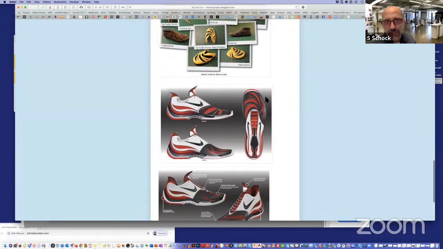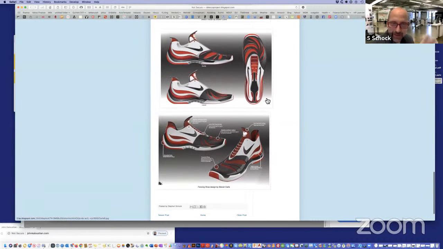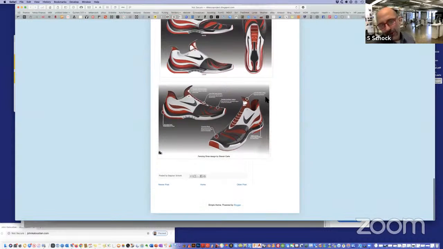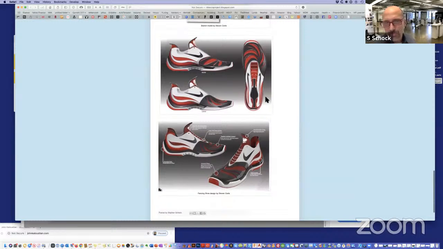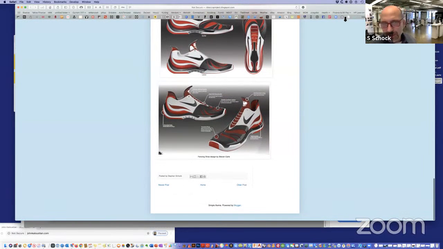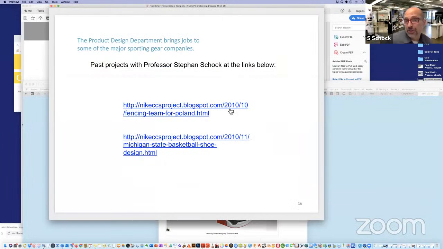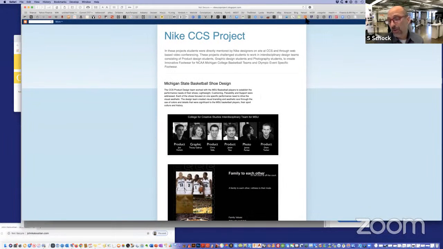And you're seeing various sketch models, and we saw some clay. And so we're trying to translate these two-dimensional images into three-dimensional forms and how they wrap around surface. So this is just one example of a student project, a sponsorship with Nike, working with actually Olympic athletes.